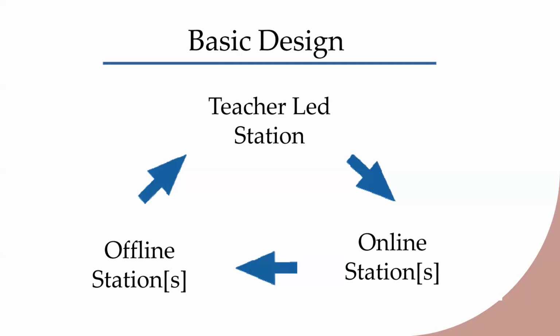Now, do you know that by the time you are done doing the rotation model, the children have been able to maximize all the learning activities in that class? Unlike when you want to do all those activities, I just mentioned 5 different activities now. Imagine if you want to do all those activities in your class at once, one after the other, for all the students to be a part of.